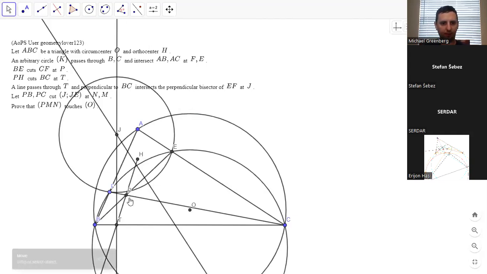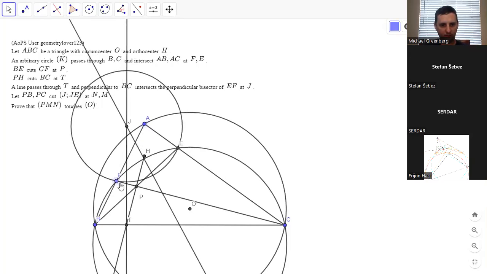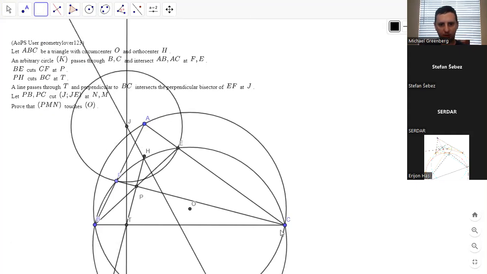We might have to extend PC, at N and M. Wait, let PB and PC intersect that circle. I don't get it. Oh, P doesn't lie on that circle. Okay, that's my bad.